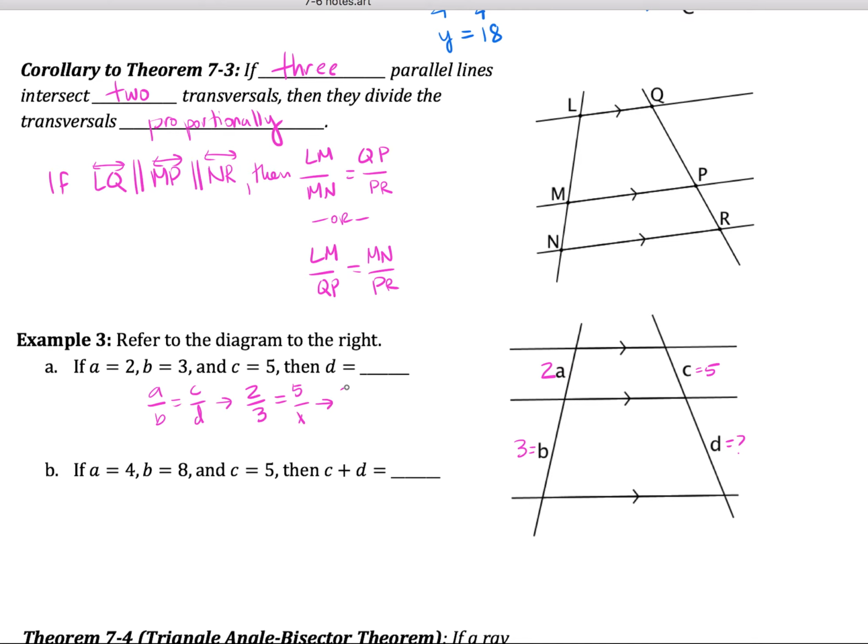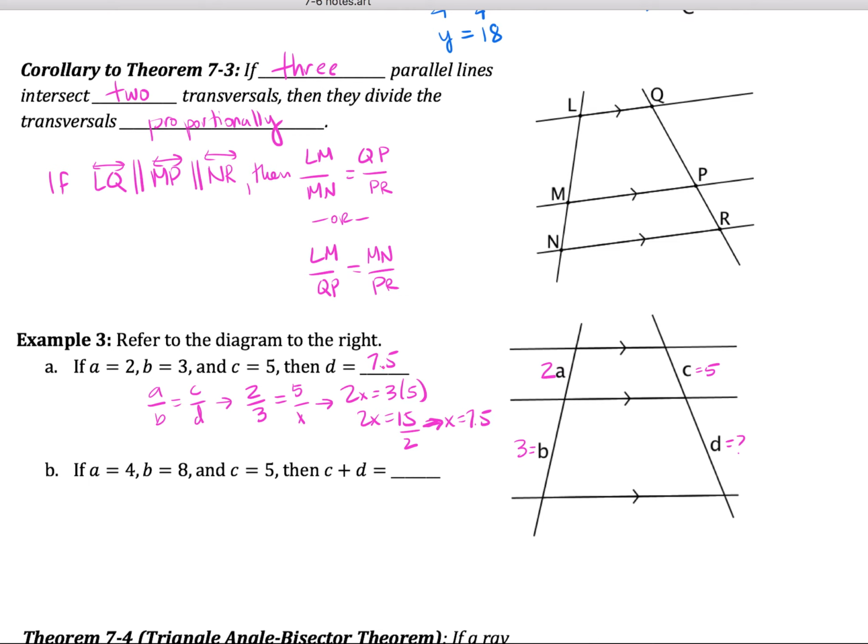Cross multiply that, and you have 2x equals 3 times 5, or 2x equals 15. Divide the 15 by 2, and we would have x equals 7.5. So D would have a length of 7.5.